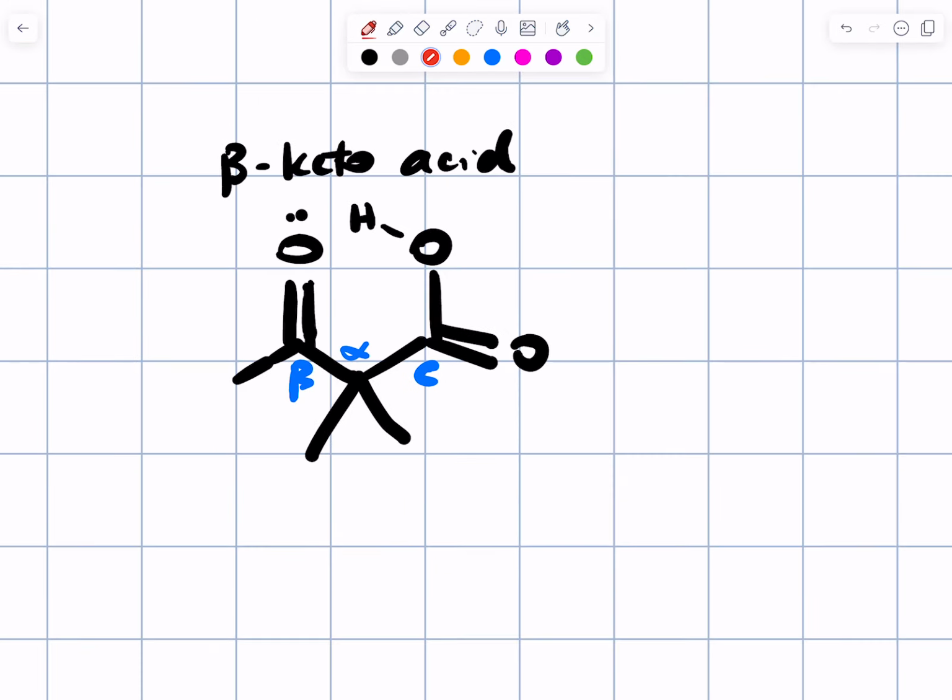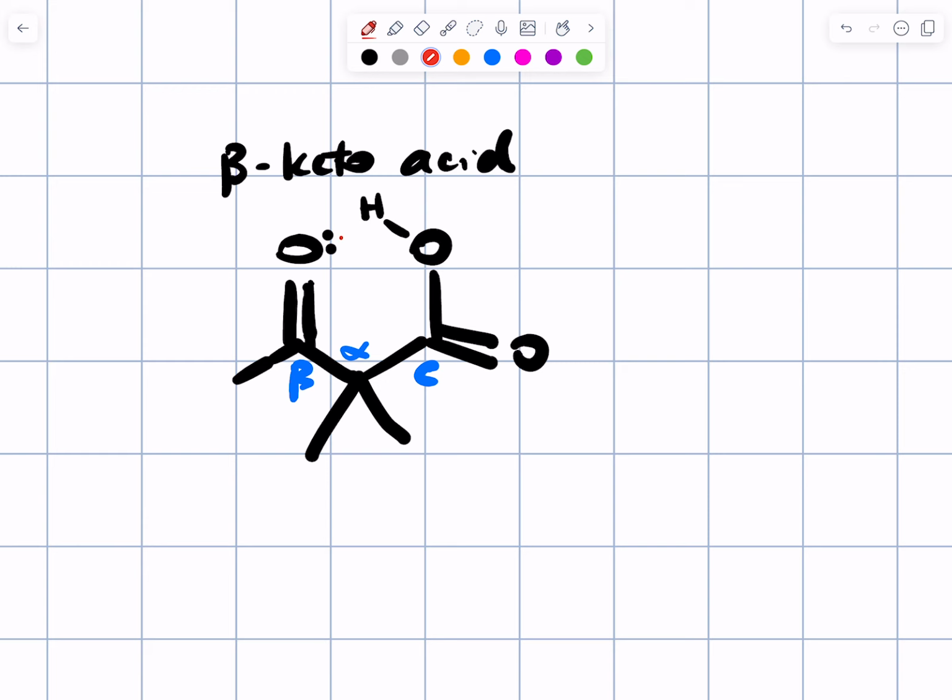And what we can draw next is a series of 3 arrows that can happen anytime you've got a carboxylic acid adjacent to or beta to a ketone. That is, the proton is probably already hydrogen bonding with that beta keto carbonyl group.